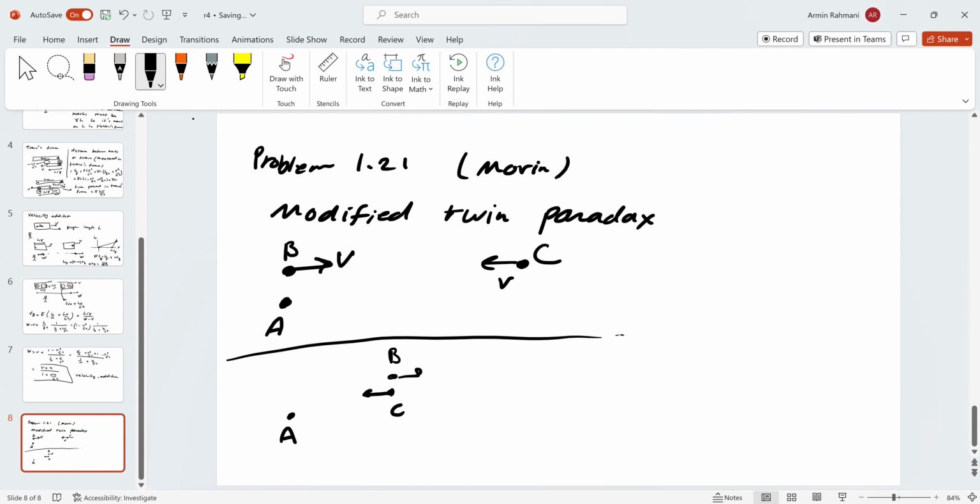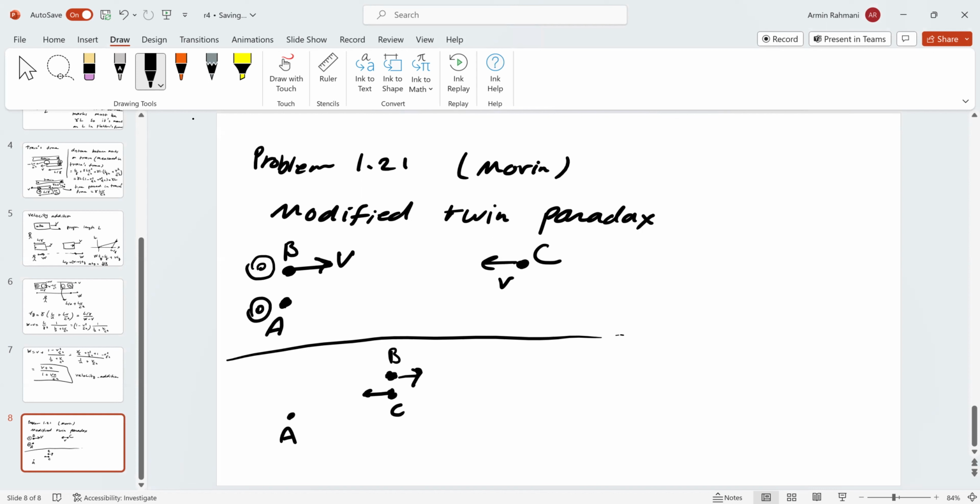And when they are, so at this point, these two sync their clocks, so they both, let's say, read 0, A and B. And at this point, B tells his time, the time on his clock, to C. So C synchronizes his time to that.